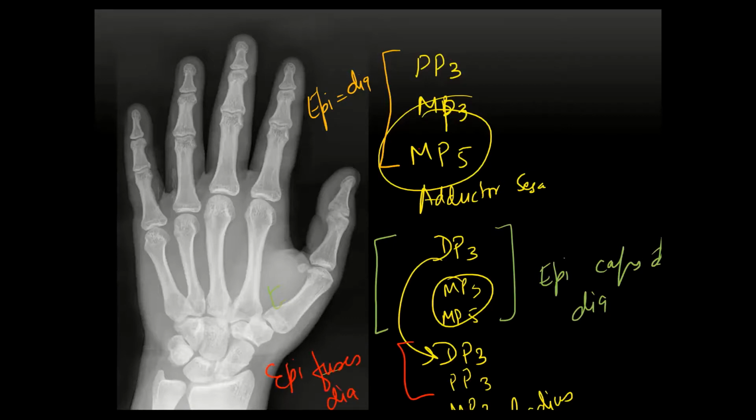Now, what are MP3, PP3 and so on? PP3 is the third bone of the proximal phalanx, MP3 the middle phalanx, MP5 the fifth.